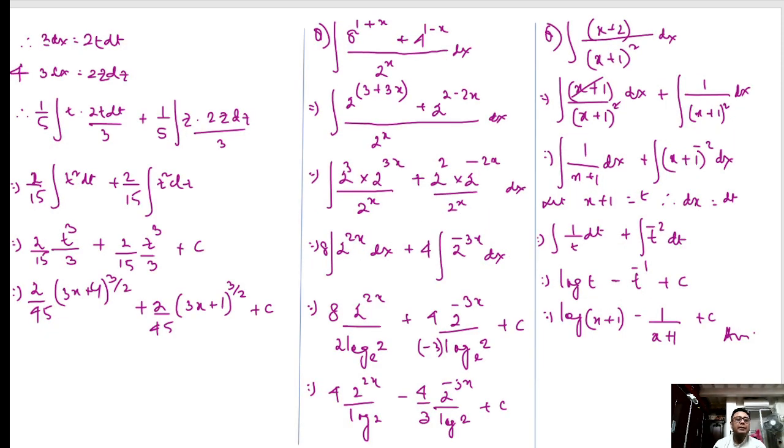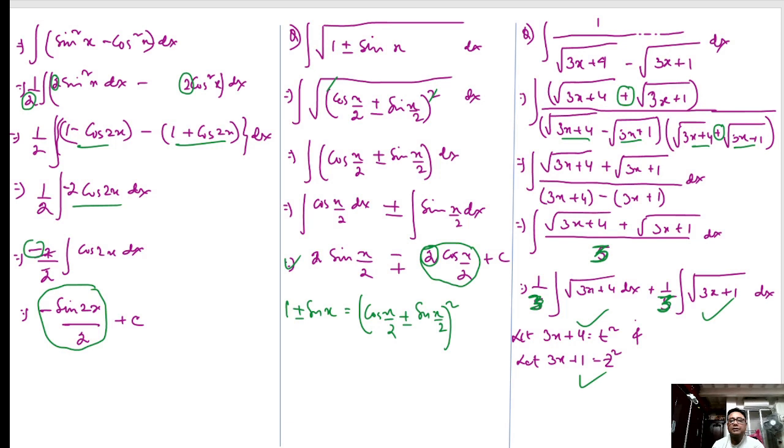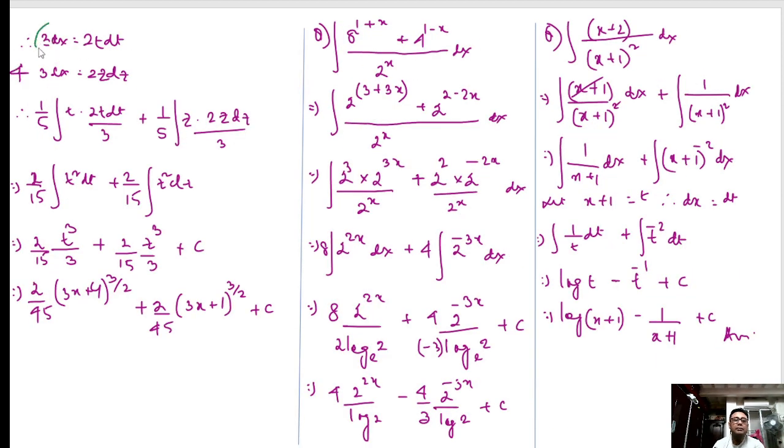If 3x plus 4 is t², then 3 dx will be 2t dt, and similarly 3 dx equals 2z dz.